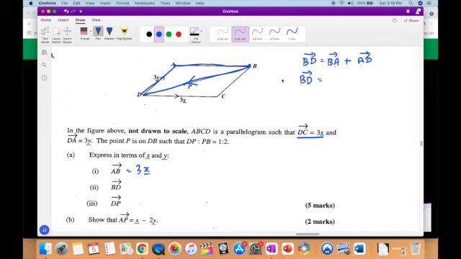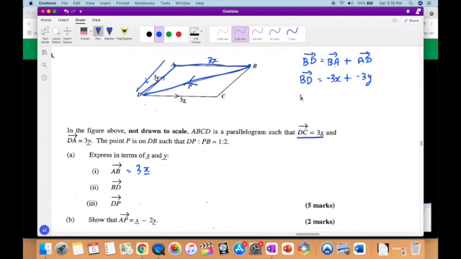Right? So BD is equal to, well, I know AB is 3x. So BA is going to be minus 3x plus, I know DA is 3y. So going in the other direction, AD is going to be minus 3y.